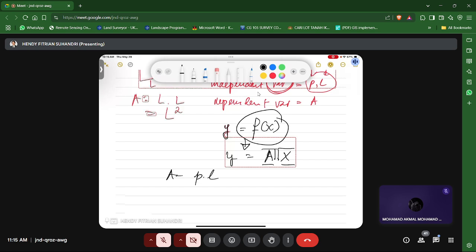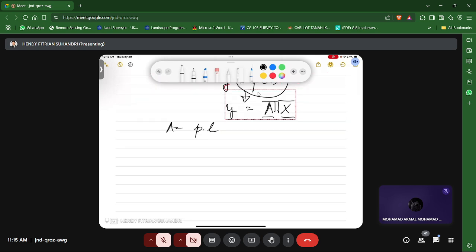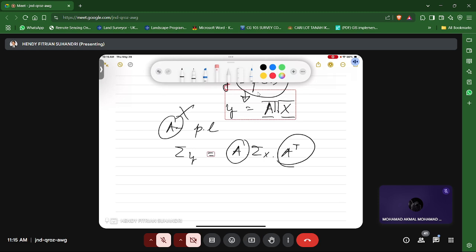So what do we have to do here? First, if you notice that sigma y equals A times sigma x A transpose, the A here is a design matrix. It's not A here. Let me write in other notation.